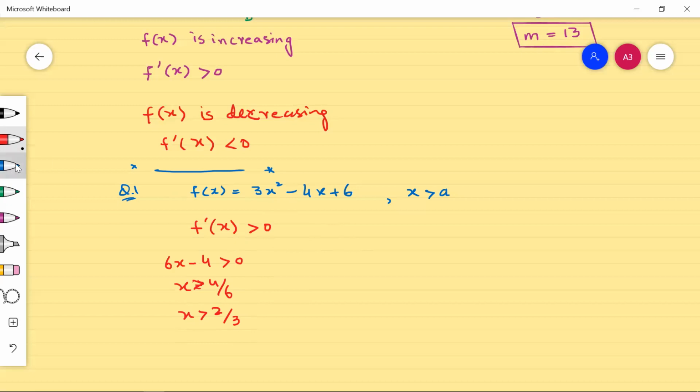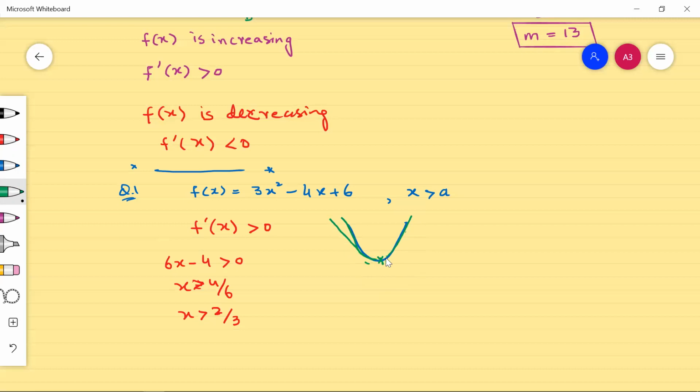Now, let's look at this graphically. If we draw a curve here like this, we know that this is a quadratic curve because the function was quadratic. There is only one stationary point in this curve. Before this stationary point, if we move along this side, then the function is decreasing, while after it the function is increasing.